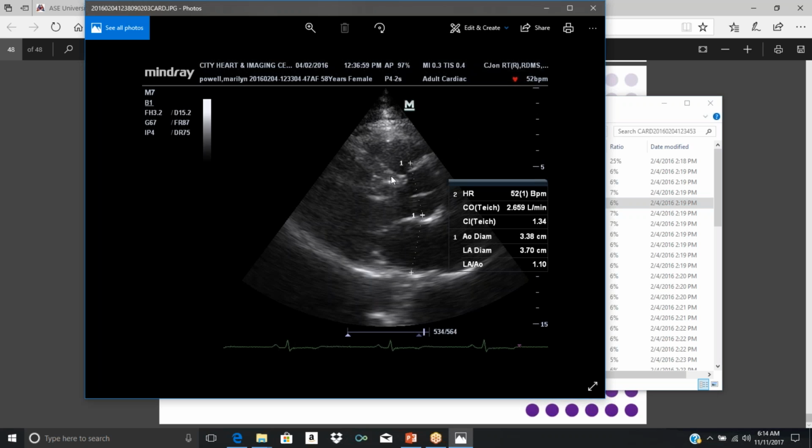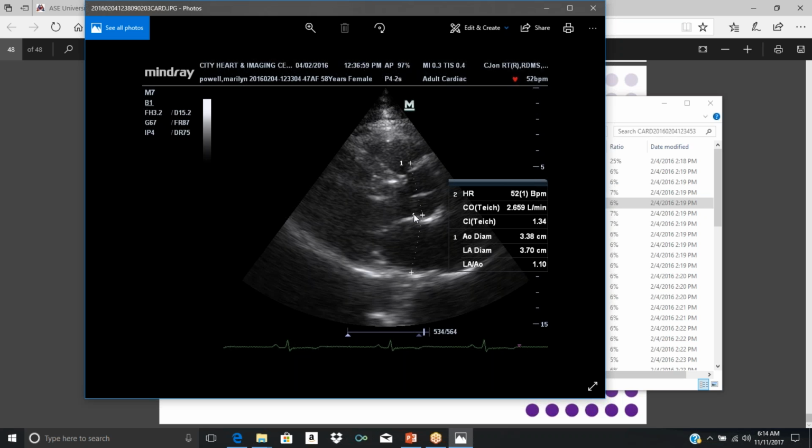Okay, so again, your left atrium should be measured in systole. The aortic root should be measured in diastole. And your measurement should be from what we call the leading edge to the leading edge.